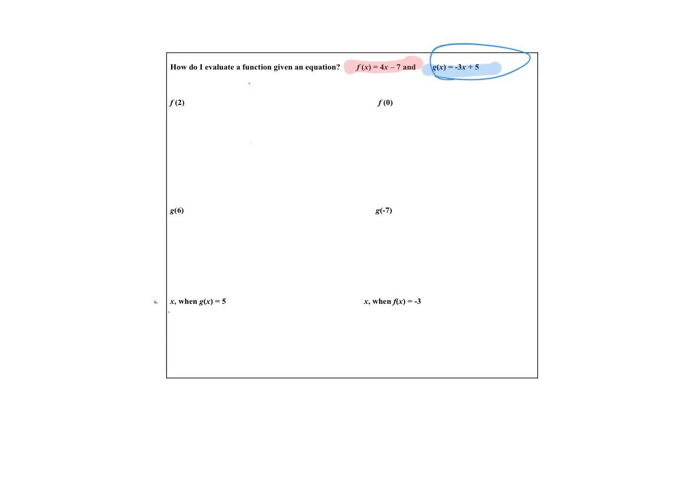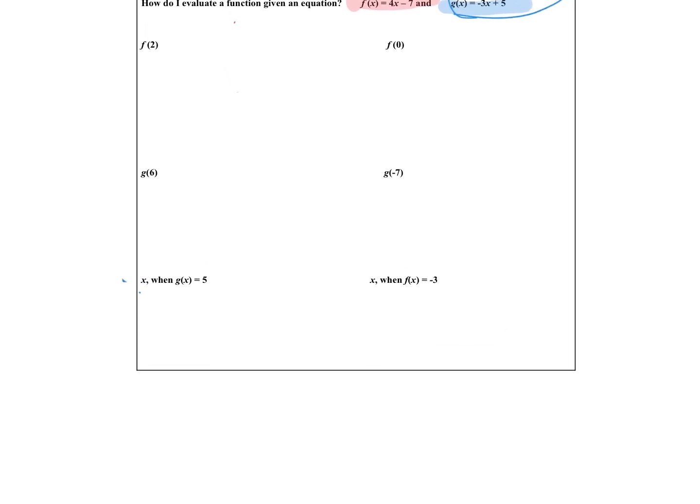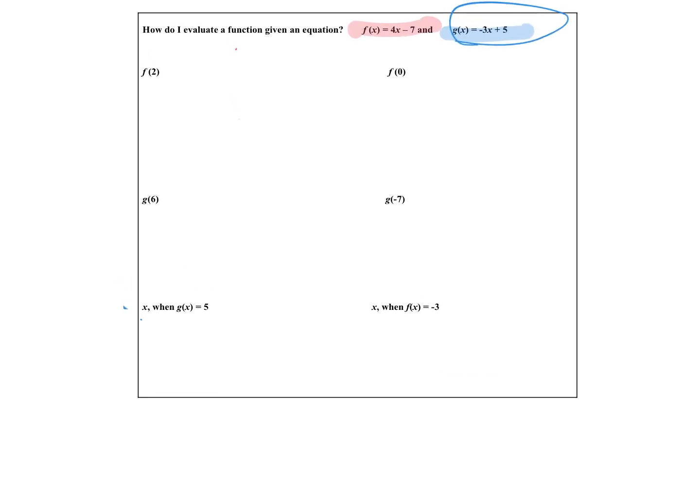So when we look at that one here, just clearing this off so I've got a little more space, I'm going to this time write down that g of x function. But this time it's given me what y is equal to, what g of x is equal to, which goes right here. And this x right here is what I don't know. That's the unknown part, so I'm going to leave that in there.